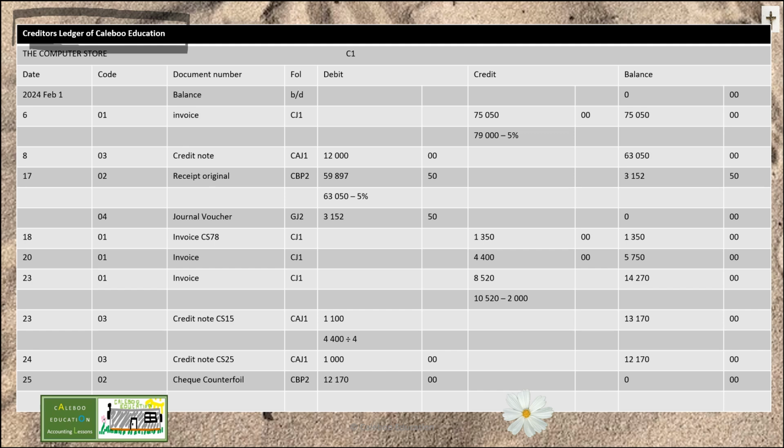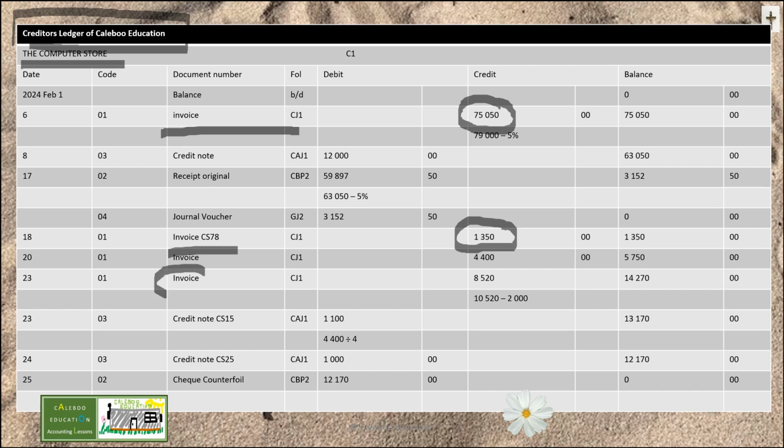We're doing the books for Calibu Education, and in the creditors ledger are the creditors accounts, and we're only doing the computer store, and we're looking at those transactions that result in Calibu Education owing the computer store more.